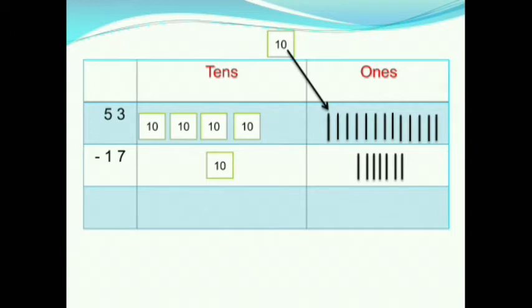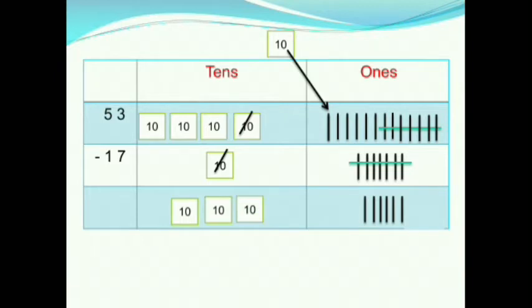If 7 units are subtracted from 13 units, 6 units are remaining. Now in tens place, instead of 5 tens, 4 tens remaining. If 1 ten is subtracted from 4 tens, 3 tens are remaining. Therefore 53 minus 17 is equal to 36.